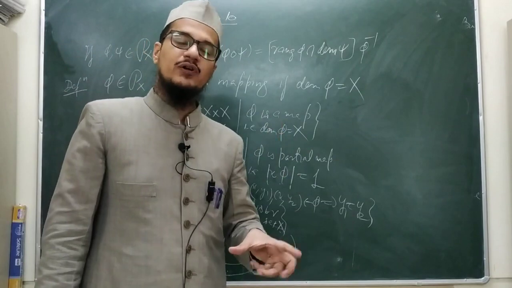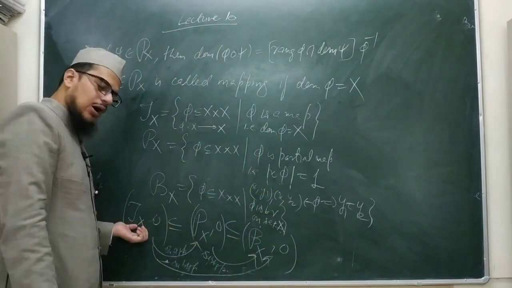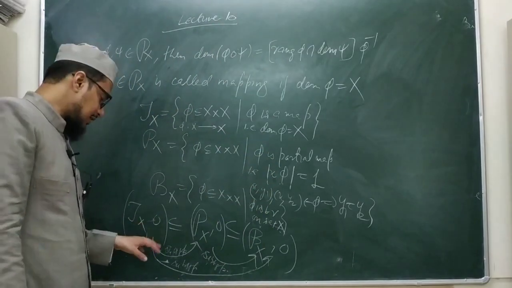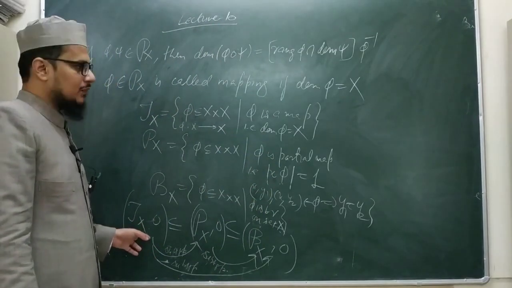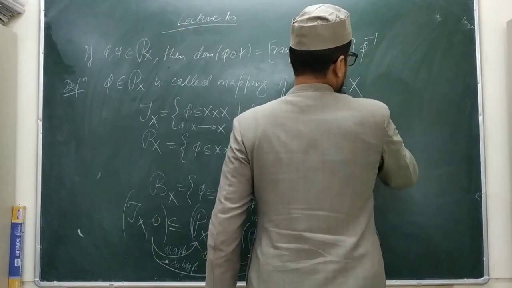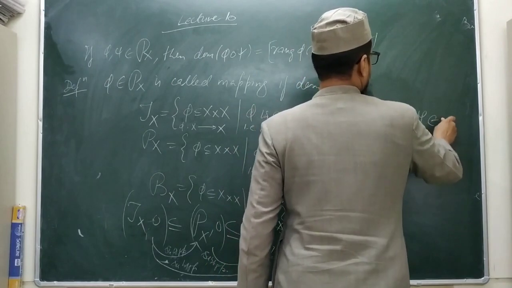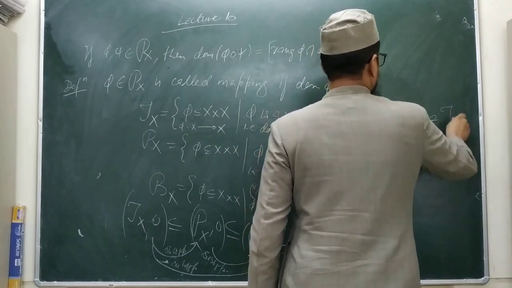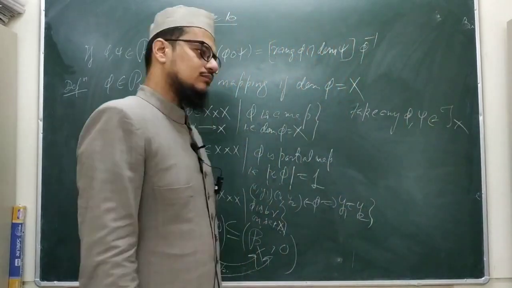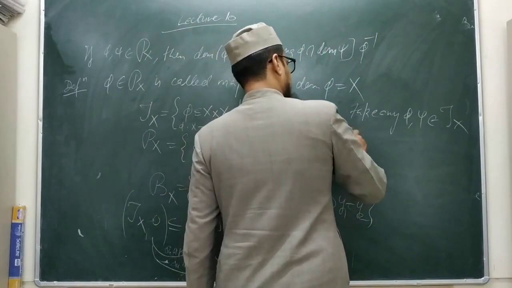What we have to prove? We have to prove the closure law. That if you take any two elements from tau x, you have to prove their composition again belongs to tau x. Correct? So you see, if you take any phi, psi belongs to tau x, then what is our claim?